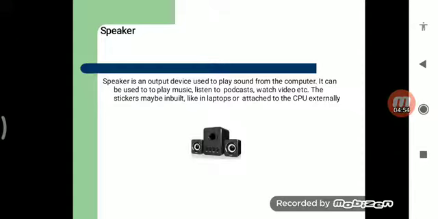So, there is an inbuilt speaker in a laptop, and we can attach a speaker externally in a desktop computer.